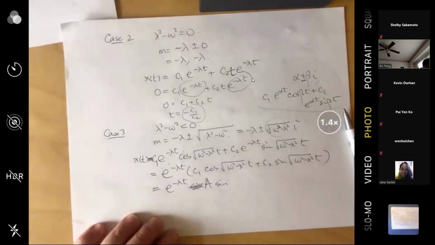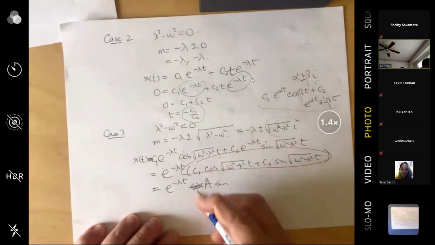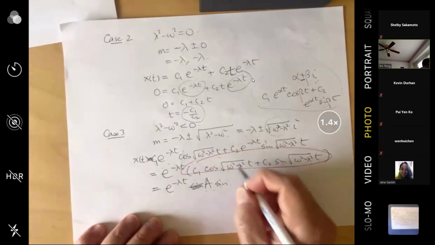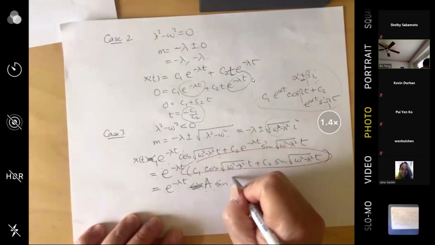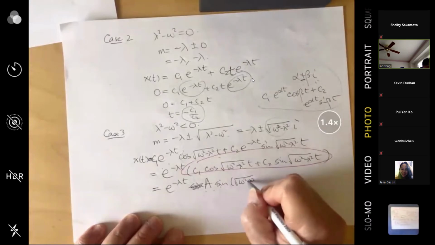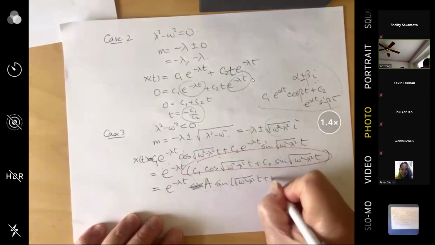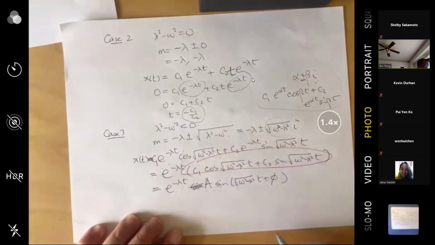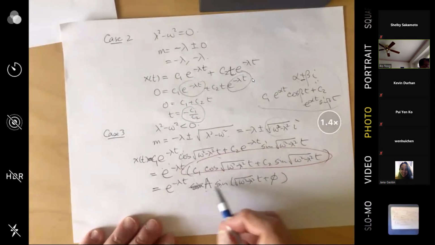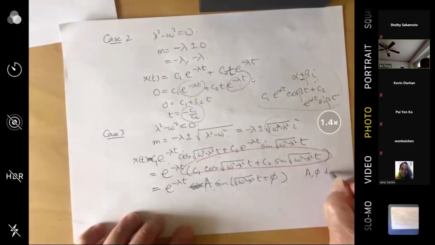So this whole thing can be rewritten as this A sine this guy plus a phase shift. Okay, and both A and phi depend on C1 and C2.